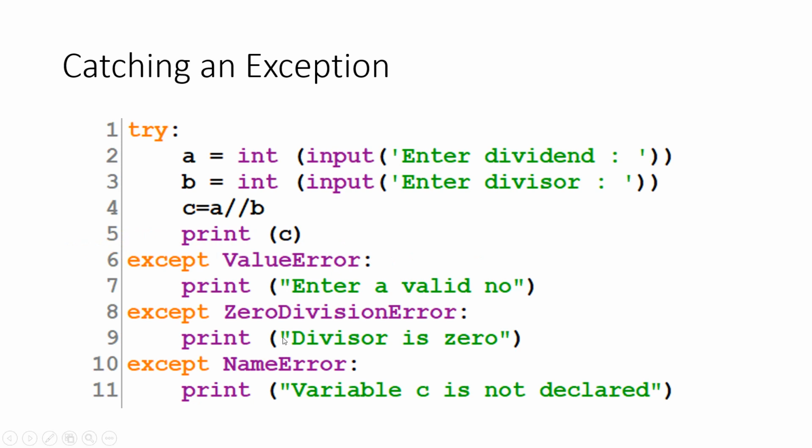And yes, let's see how to catch an exception using this simple program where we try to divide a number by 0. Whichever part of the program you want to try, you enclose it in a try block. Using the appropriate indentation, we can put the sequence of statements inside the try block.